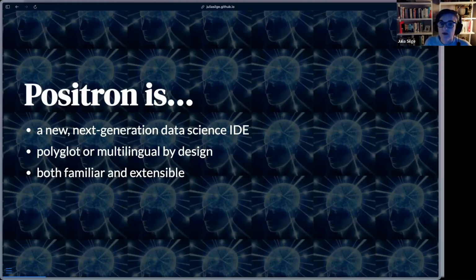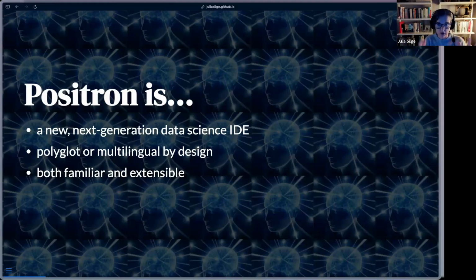It also will feel familiar to some of you if you have ever used VS Code, because Positron is built on top of the open source components that are used to make Visual Studio Code. So it's a fork of VS Code, much like Cursor or Windsurf or some of these other projects that you may have heard about are.